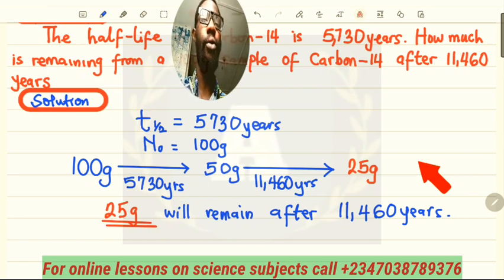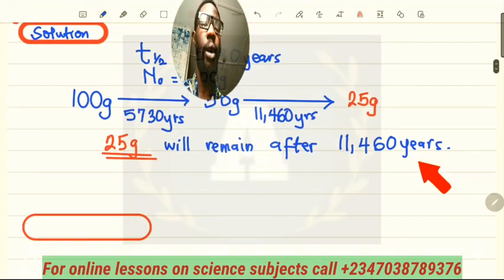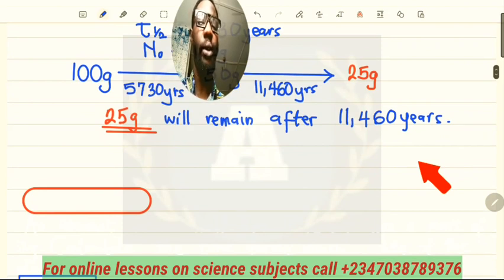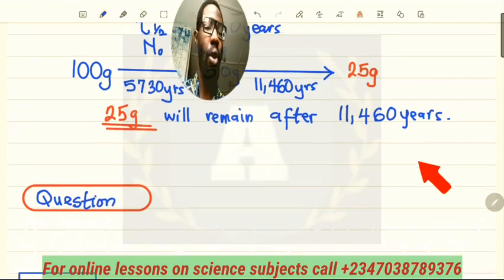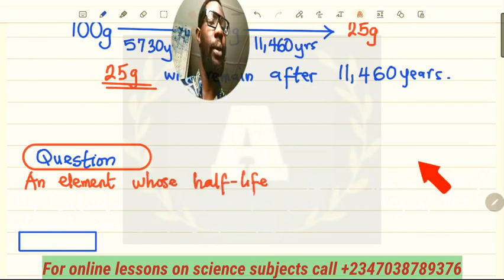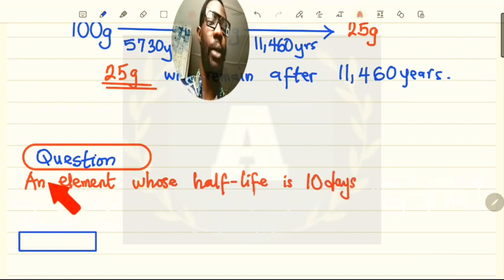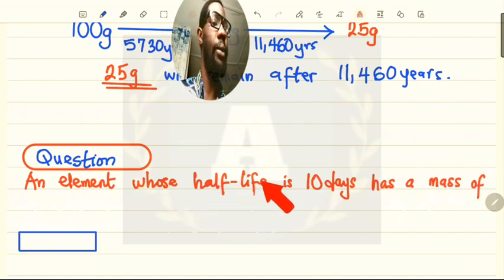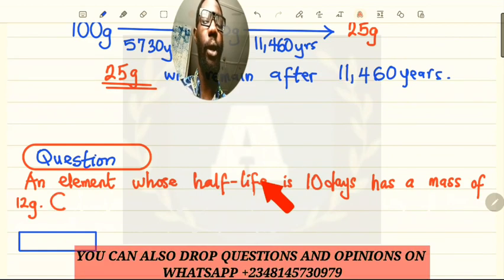All right, so quick one, we move to the next question. We have another question here, the second question, using the calculation method to unravel a concept that has to do with half-life. The question says an element whose half-life is 10 days has a mass of 12 gram.